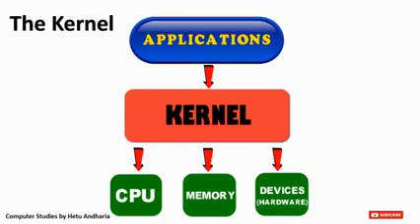Right? Now, if we talk about CPU or memory, can we communicate with CPU directly? Can we communicate with memory directly? Yes or no? No, we cannot straight away communicate with CPU, memory or other hardwares also.